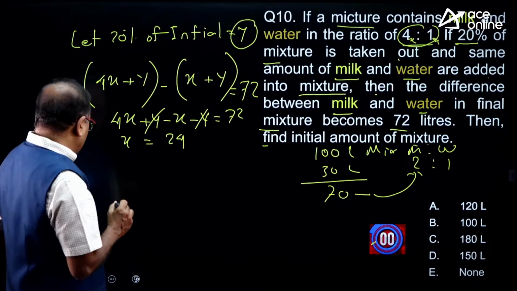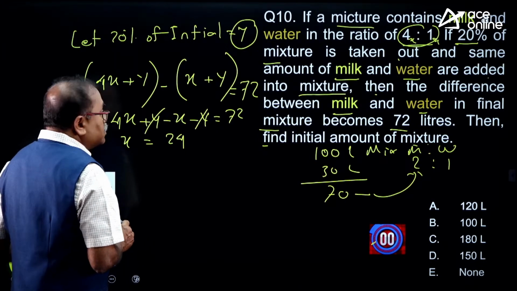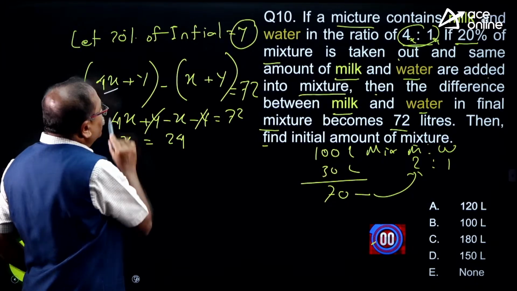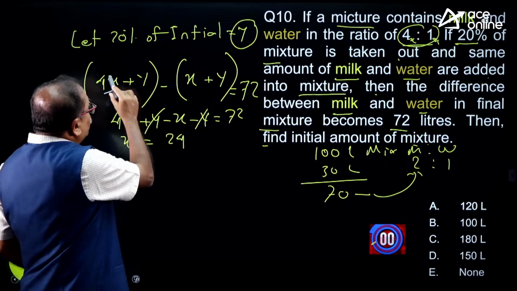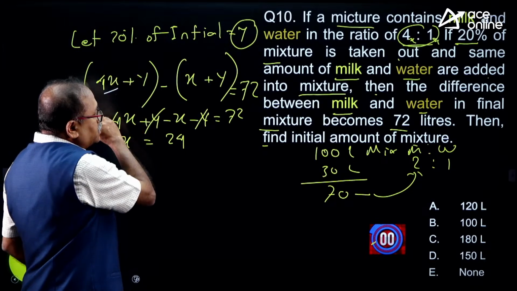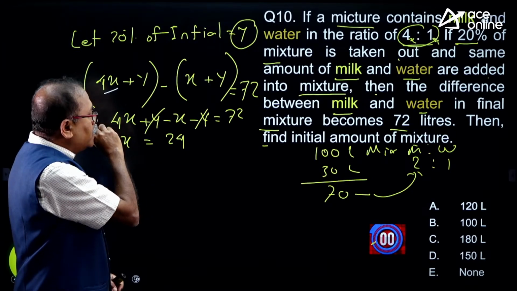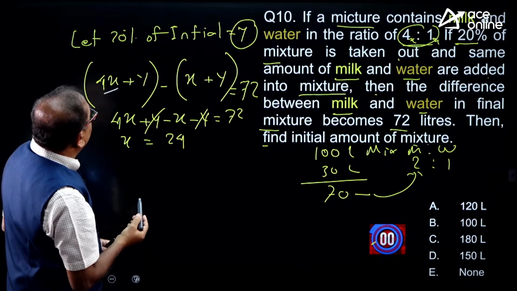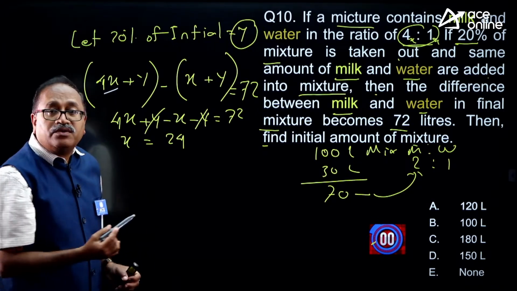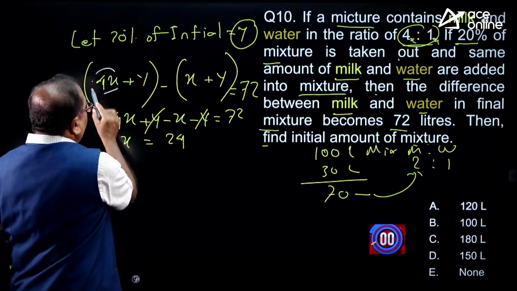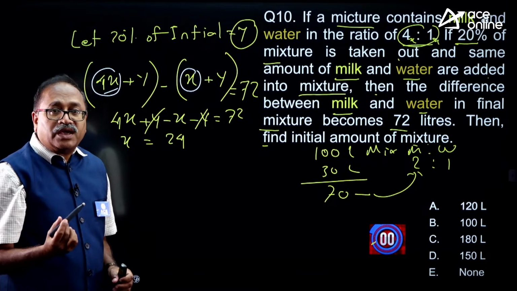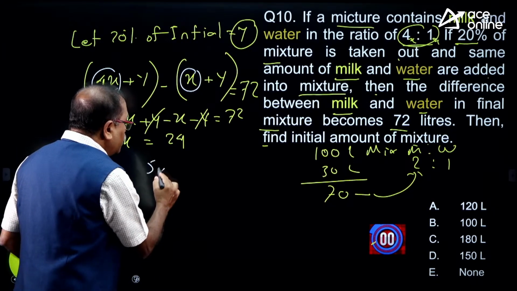So once x is equal to 24, this is 4 parts and this is 1 part. Can I directly find the initial value? 5 parts, 5x, so 5 into 24.